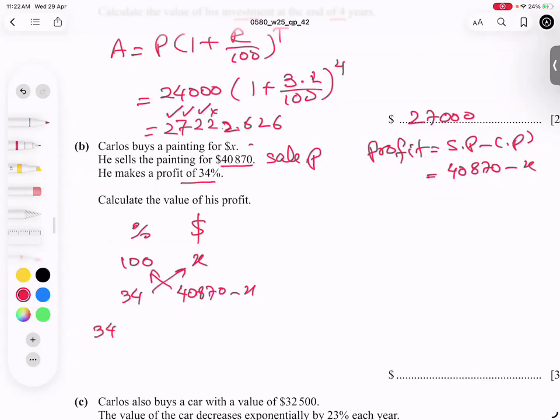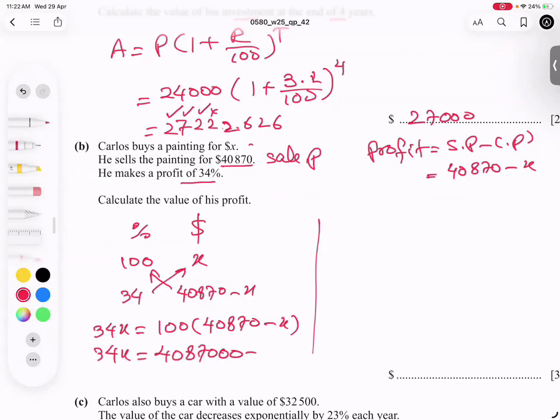So 34 times X and 100 times 40870 minus X. So this is 34x, students. 100 multiplied inside 40870 and 2 more zeros, and 100x. 100x will go on this side. So it will turn to be 34x plus 100x equals 40870 and 2 more zeros.